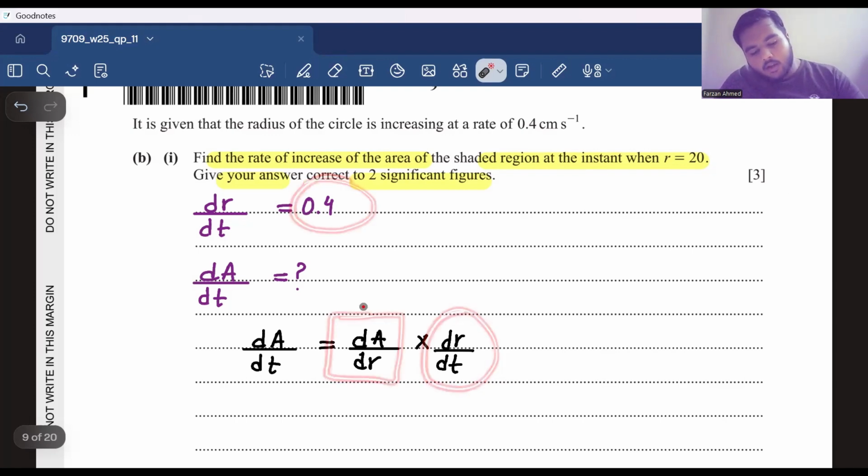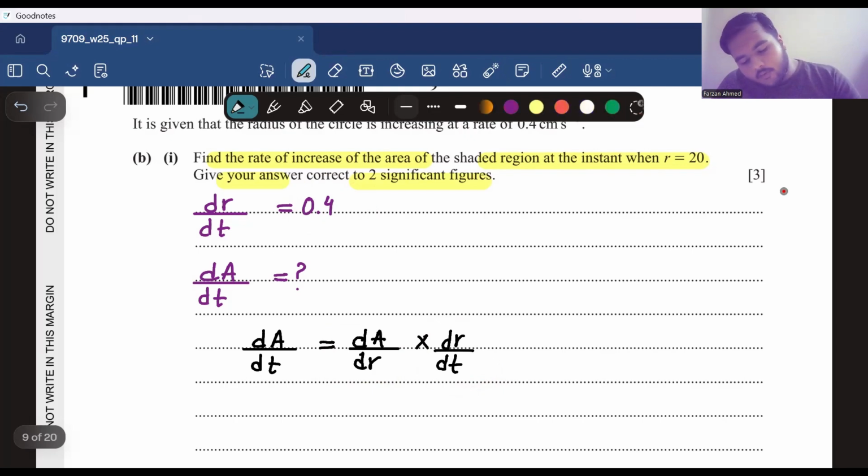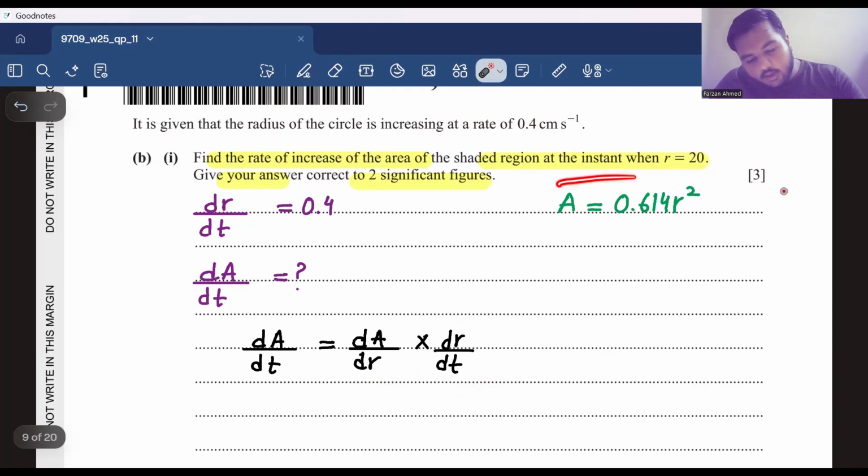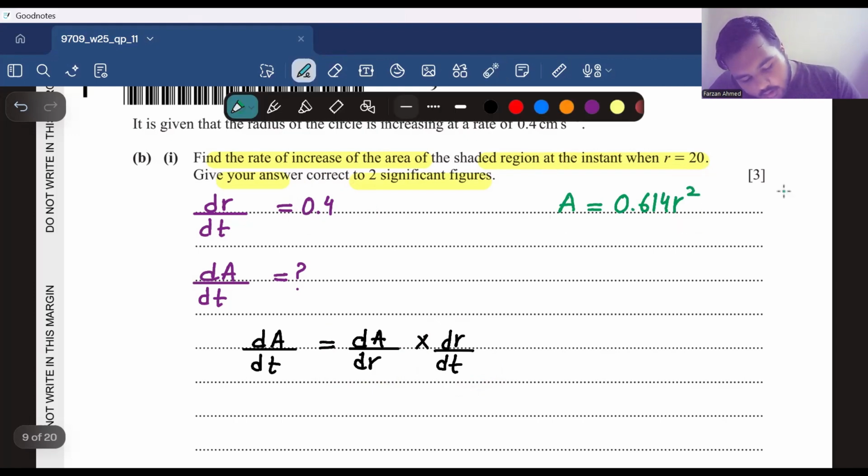How will we find it? In the previous part, you know that we have the area of the shaded region A equal to 0.614 r square. Now we will differentiate with respect to the radius. So dA over dr is equal to 0.614 multiplied by 2, and from here r to the power 2 minus 1 is r to the power 1.